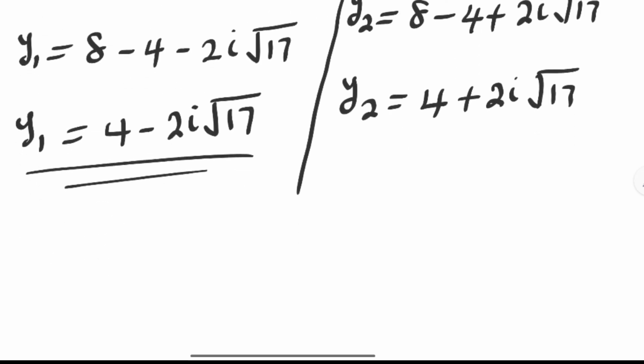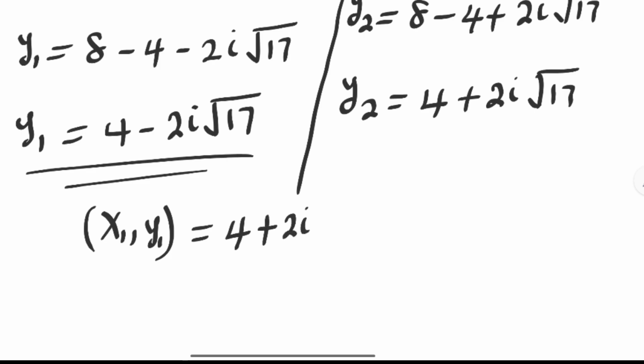Therefore, our final answer are x1, y1 is equal to 4 plus 2i square root of 17, 4 minus 2i square root of 17.